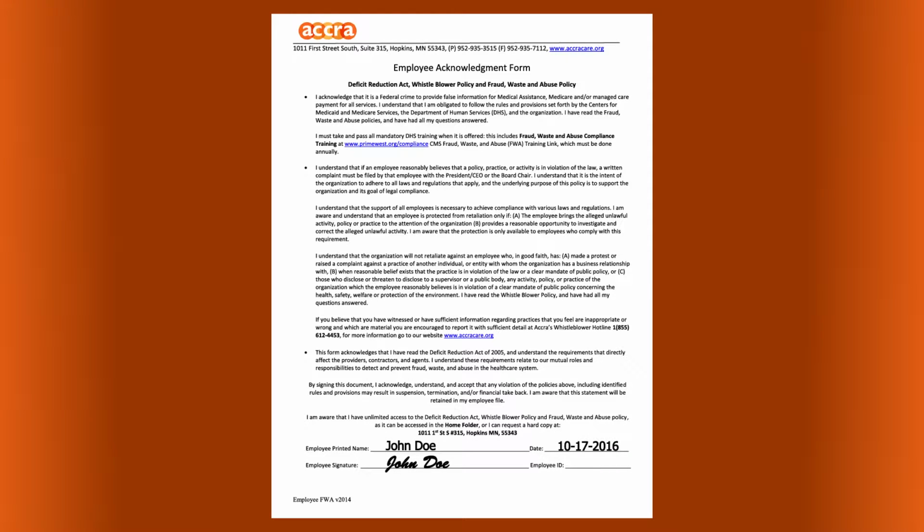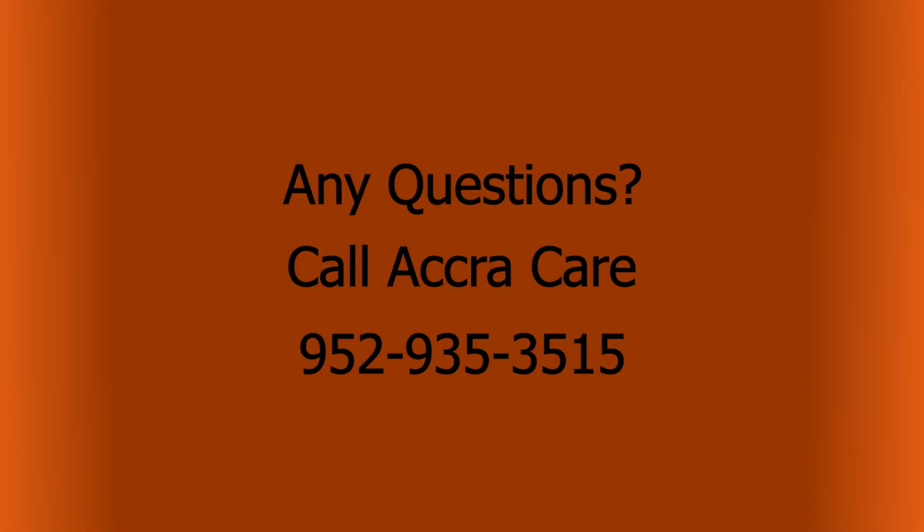Carefully read and sign this form to learn the policies regarding the Deficit Reduction Act, whistleblower policy, and the fraud, waste, and abuse policy. If you have any questions about this application, please call AcraCare at 952-935-3515. Thank you.